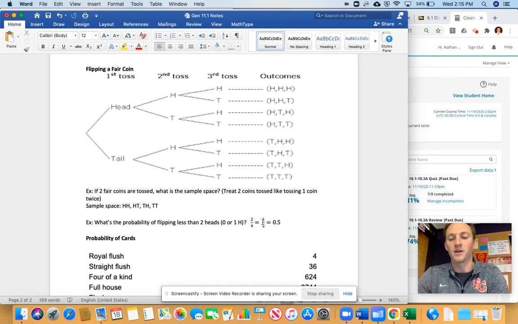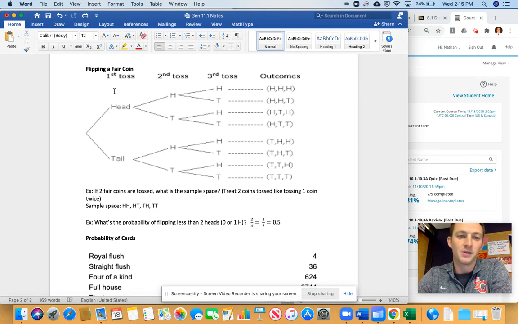We are flipping a fair coin. We've done this before. Again, 50% chance because it's a fair coin, either heads or tails. If you flip heads first, you flip it again, and it's either heads or tails. So if we flip a coin twice, what is the sample space? That's pretty much what are the end results that you could get.